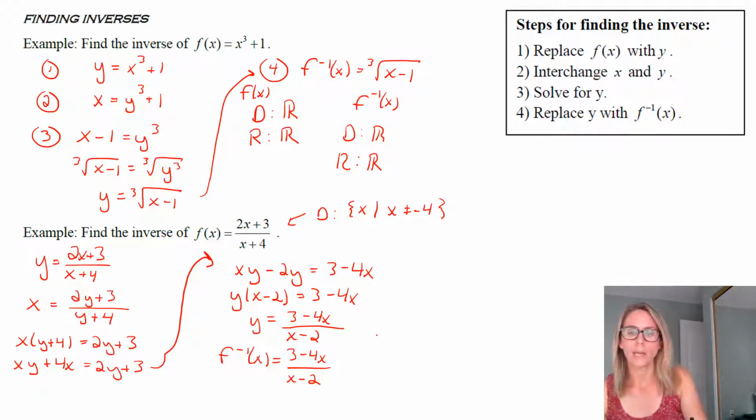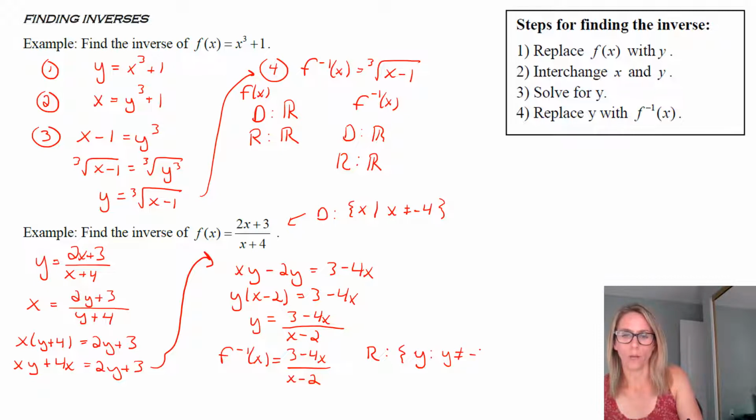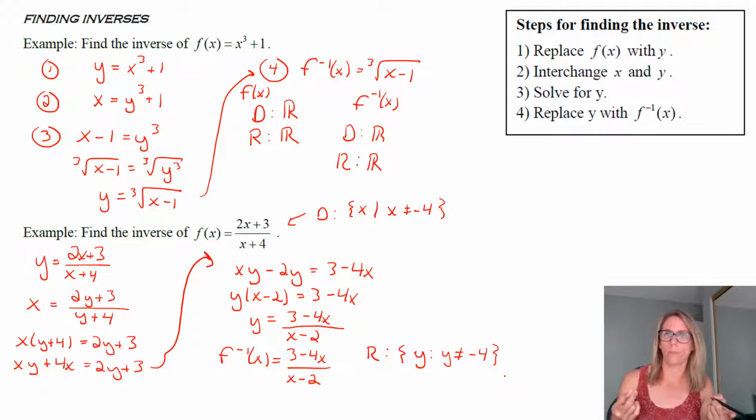What we're saying here, again, the note at the bottom of the page tells us that just by knowing that, I know that the range of this inverse is all y, y cannot be equal to -4. Okay, so without doing any work, I just know that, because I know that it has to be the opposite.